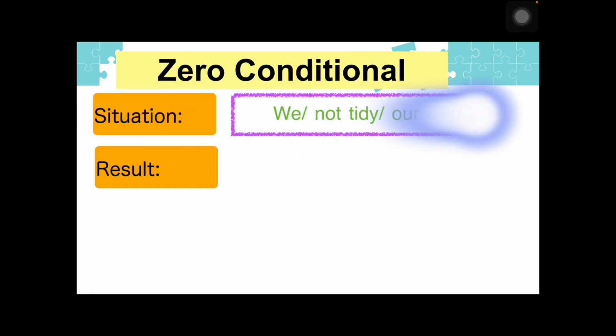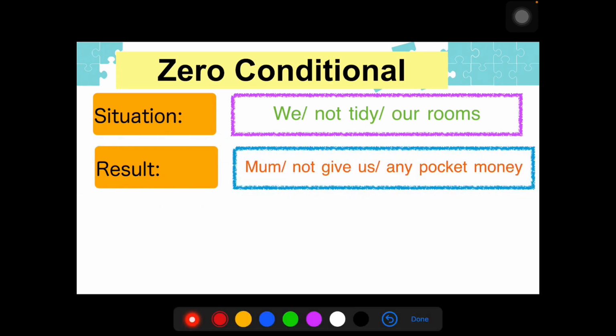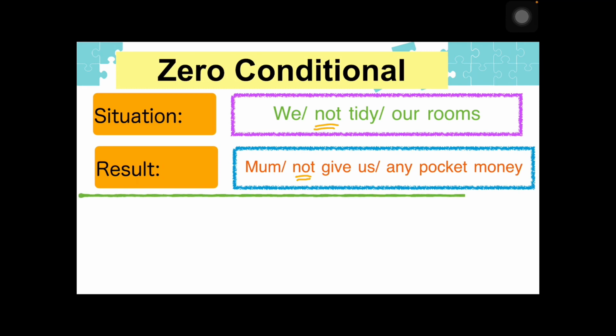Next one. Alright, let's try this one by yourself. The situation: we not tidy our rooms. Result: Mom not give us any pocket money. All right, look at this. Not. Remember, you need a helping verb to help it be a negative sentence. So, what will the sentence be? Very good.